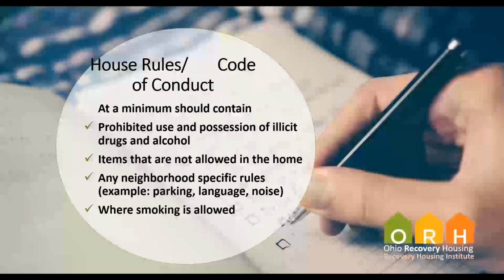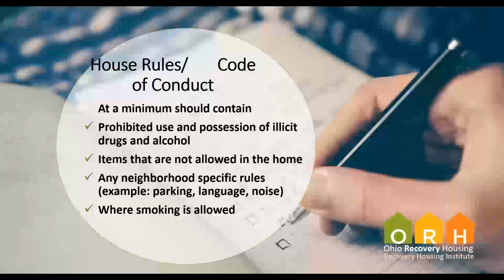And certainly something that I want you to take away from this session, or all of our sessions on policies and procedures, is that even though it seems obvious, you still need to put it in writing and document it. So even though everything you're doing in your recovery home is about maintaining that drug and alcohol-free living environment, it's still important to put in your code of conduct that residents are going to agree to not use or possess illicit drugs or alcohol.